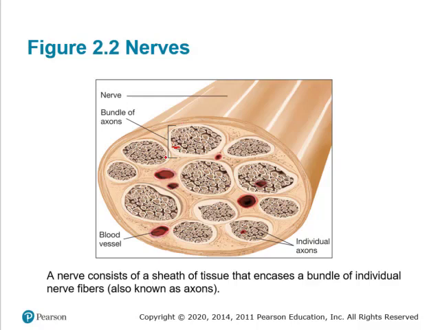And so we have a bundle of axons, 10 or 11 here, with blood vessels interspersed, and they are wrapped together in this entity that we refer to as a nerve.